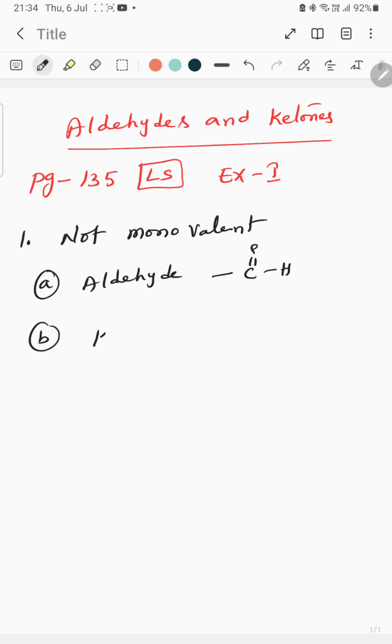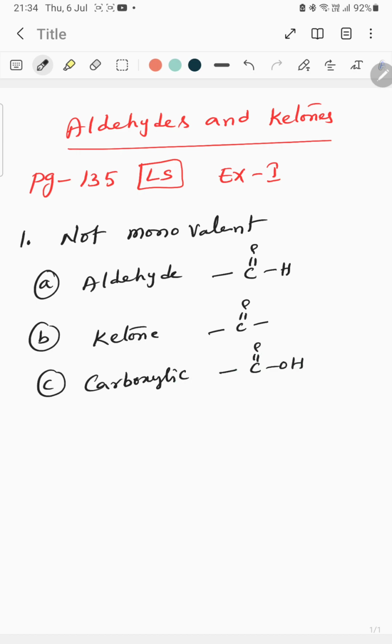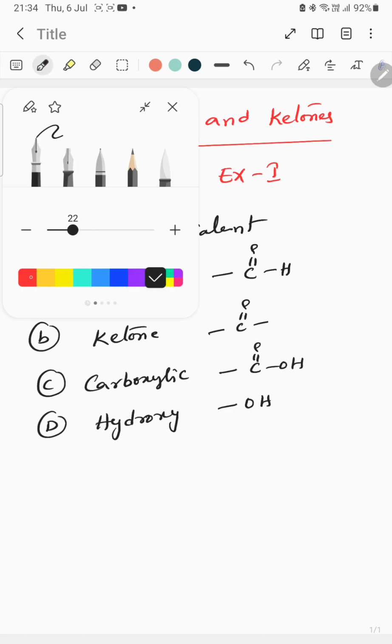B, the ketone, represented like this, C double bond O. Third one, carboxylic, represented C double bond OH. D, hydroxy, OH. Once check the options properly.